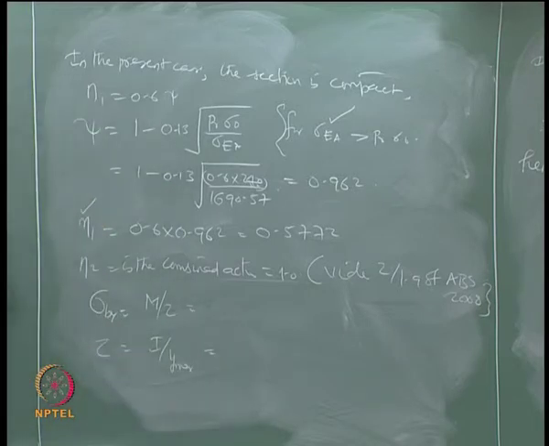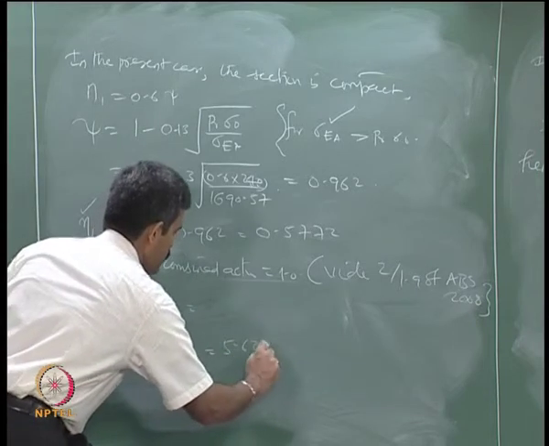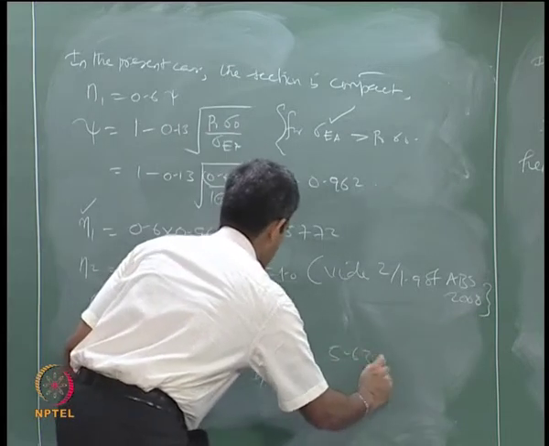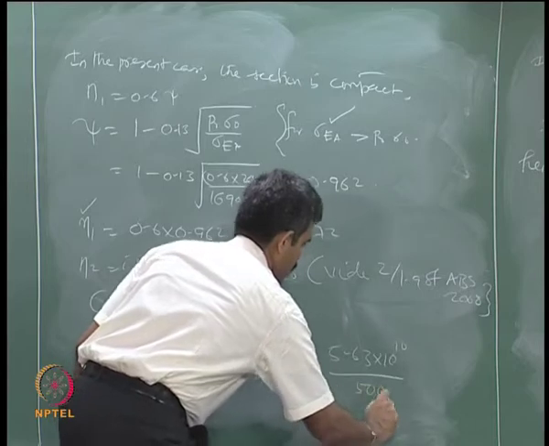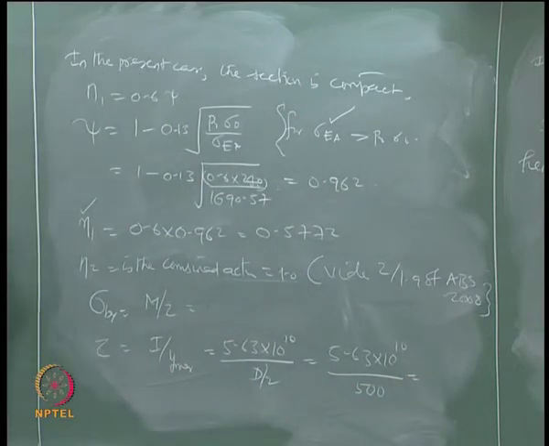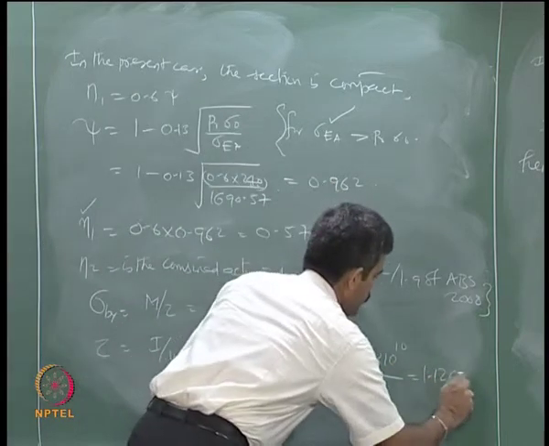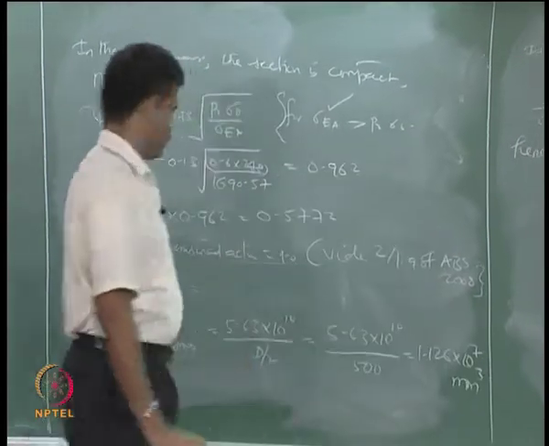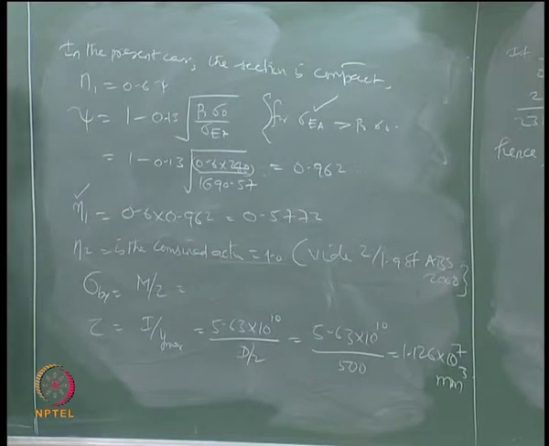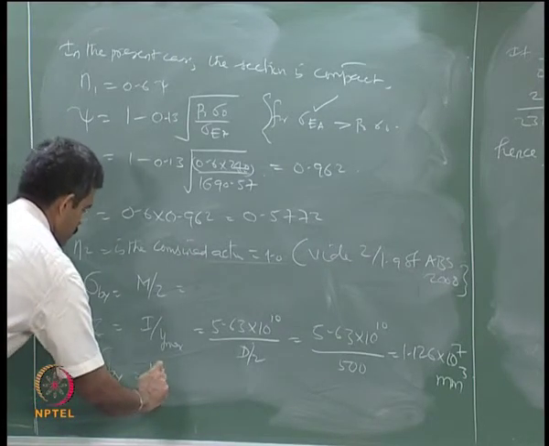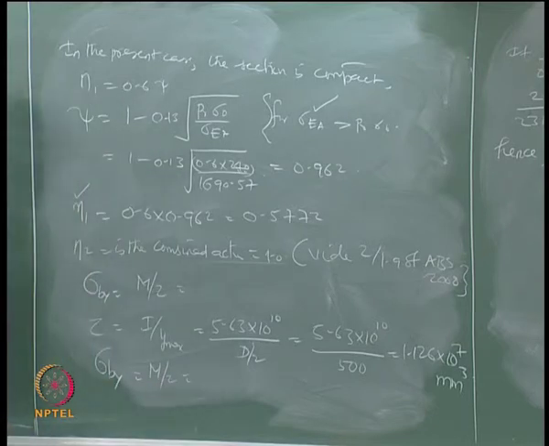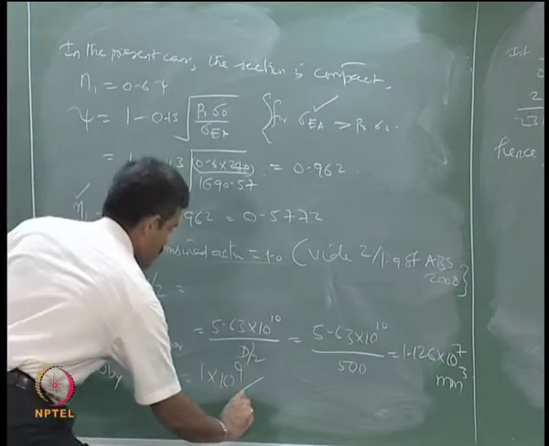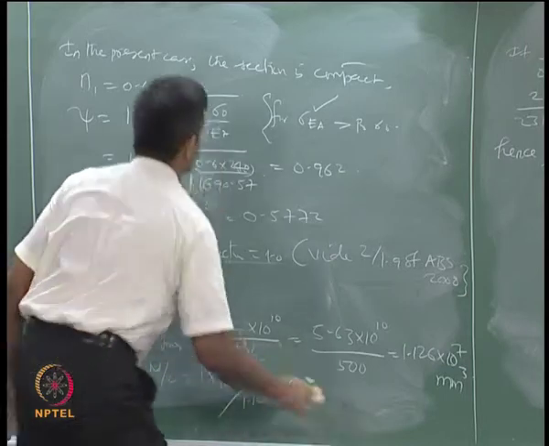In my case, sigma By is M by Z, where M is Newton meter by 1.126 10 power 7.